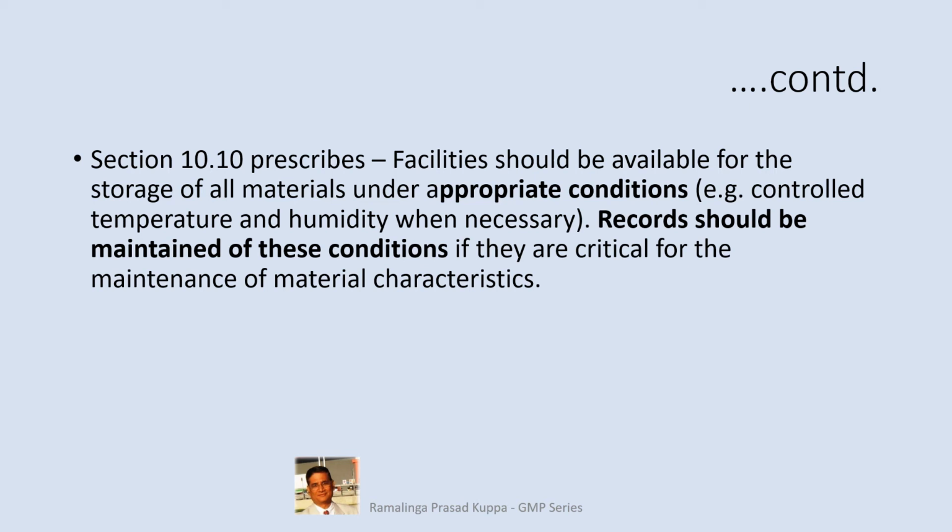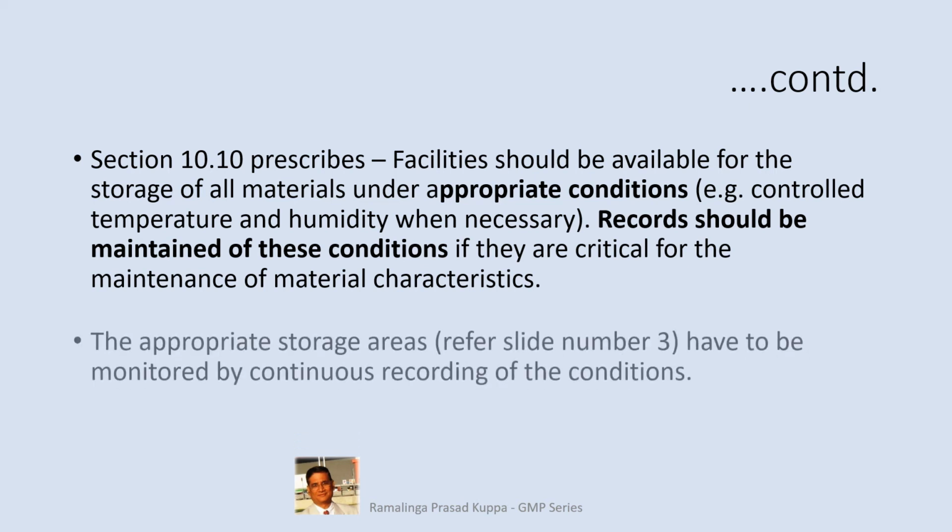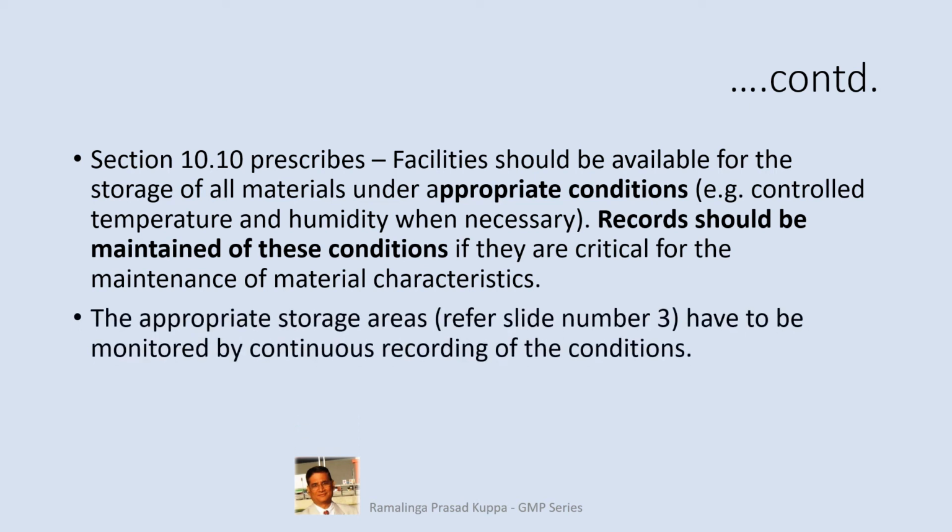Records could be data loggers for continuous recording. If the manual recording is done, all the ALCOA principles of data integrity should be maintained. The appropriate storage areas have to be monitored by continuous recording of the conditions.